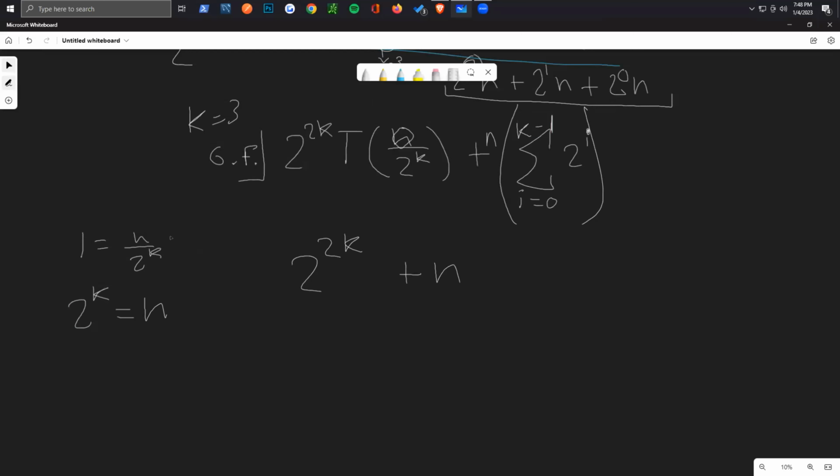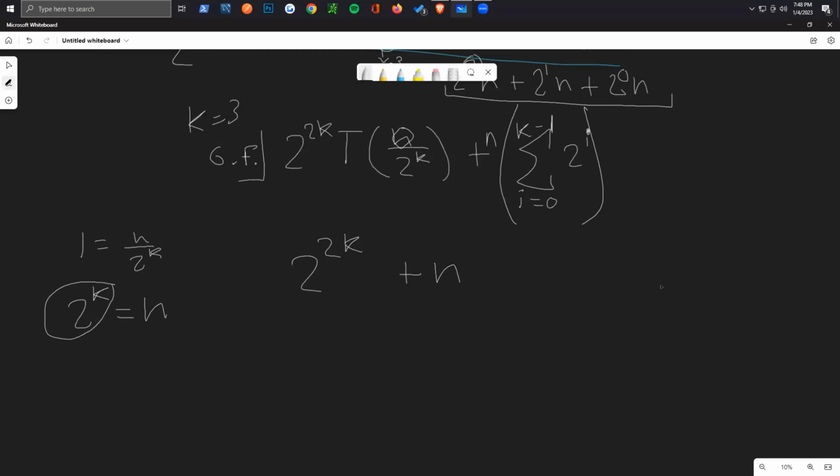But the problem is, if we try to solve for k, we're going to end up with log base 2 of n equals k, which you probably don't want to do. It's probably possible, but you probably don't want to do that. So you can just leave it like this and think about it. How can I transform this summation into something where I can substitute a 2 to the k, or maybe just plug in n at some point?